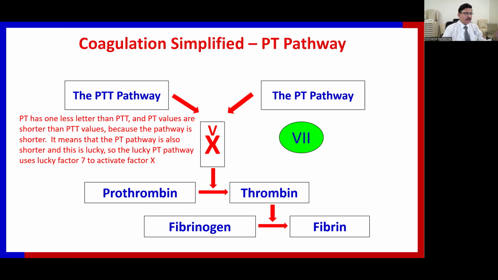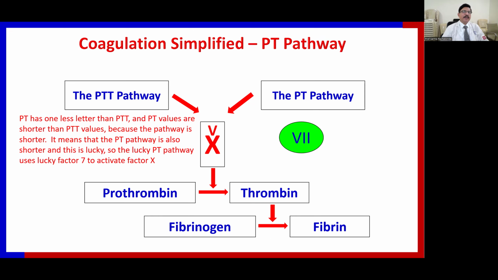It means that the PT pathway is also shorter and this is lucky. So the lucky PT pathway uses the lucky factor 7 to activate factor 10. 7 is considered a lucky number in many mythologies. We also have the Sapta Rishis, so many 7 associated things.